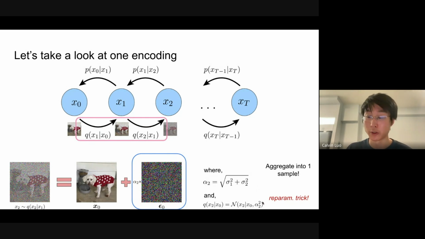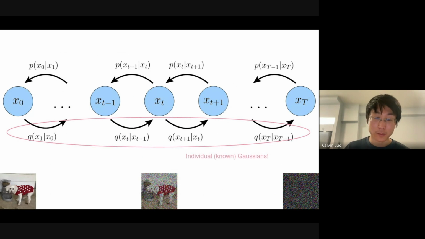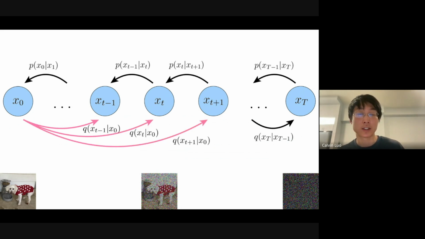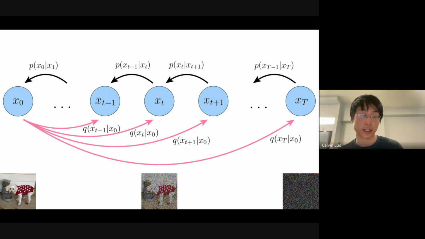And this is done using the reparameterization trick, because now we can take this sample and make statements about what the overall data distribution looks like, which is this Gaussian. And we can do this again and again, and basically discover that if these are all individually known Gaussians, we can rewrite them as Gaussians that are all centered around x0. They all have a mean of clean image x0, but just with different standard deviations alpha t.